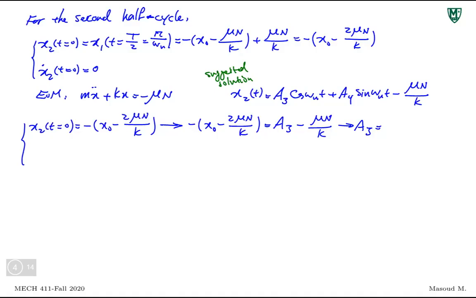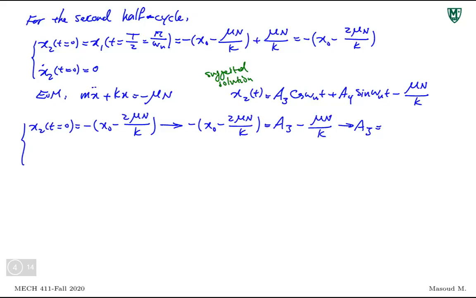Hopefully I do the math right. It's positive, positive. So this becomes minus x naught minus 3 mu n over k. Did I do it right? Let me double check. Hopefully I did right. This goes there, positive. No, I did not do it right.